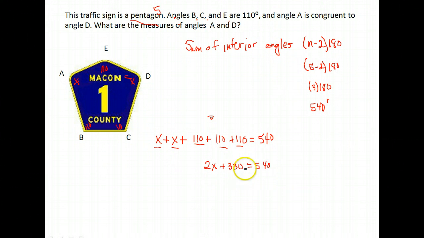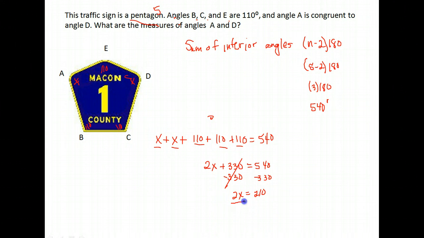And now we want to solve for x. So we need to get x by itself. We have a positive 330. To remove that, we do the opposite and subtract 330 from both sides. That leaves us with 210.